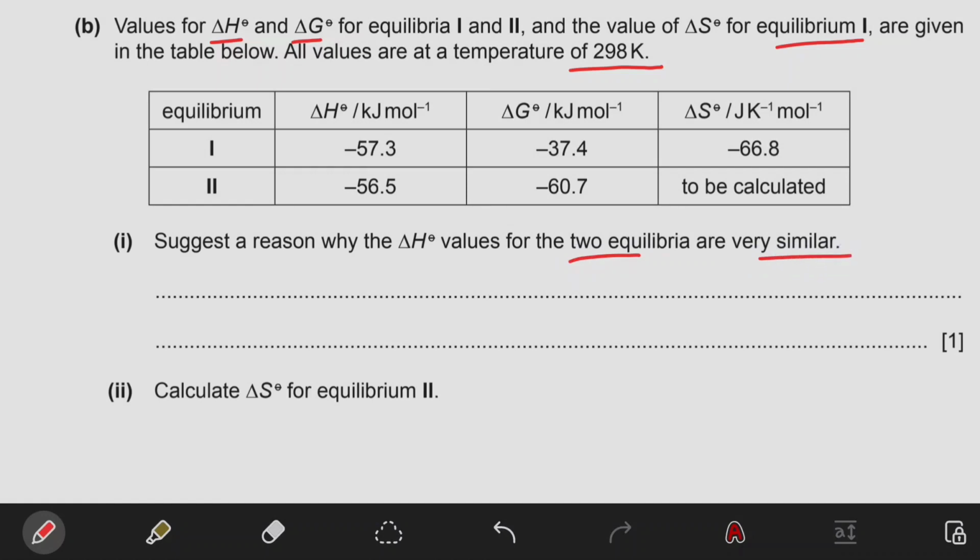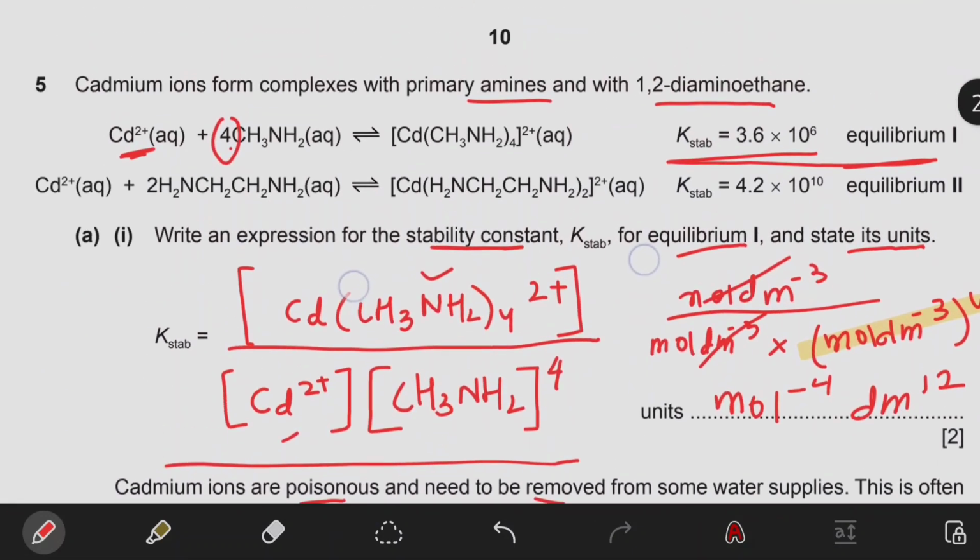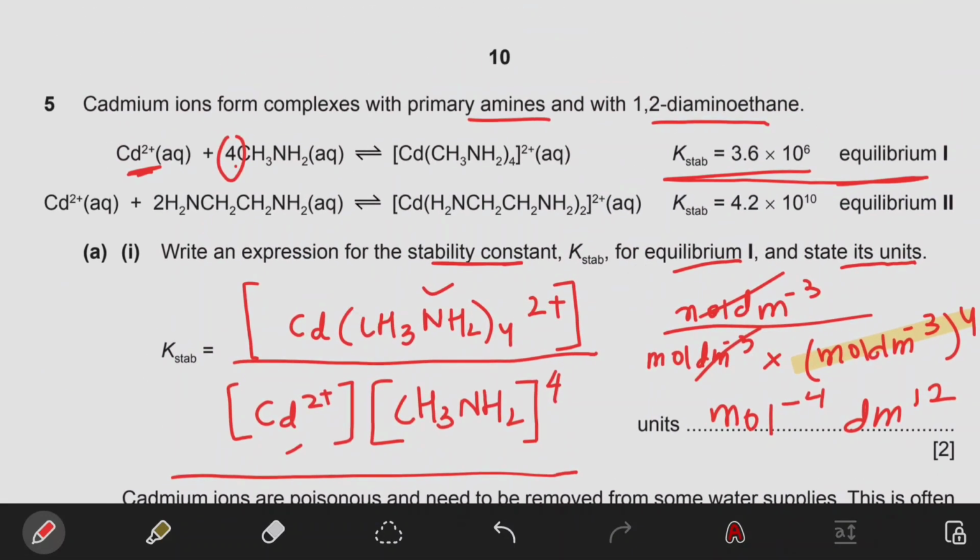Okay, so whenever you think about the enthalpy change, it must be related to the type of bonds being broken and formed. So if you see here that in these equations, the same type of bonds are being formed. You can say that each complex is formed by making 4 nitrogen cadmium bonds.